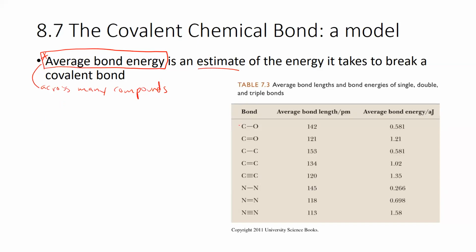Another thing to note here is if we start comparing these three, I think this is the apt comparison. We have three bonds: a single bond, and in this case we're going to look at the carbon-carbon bonds, a double bond, and a triple bond.